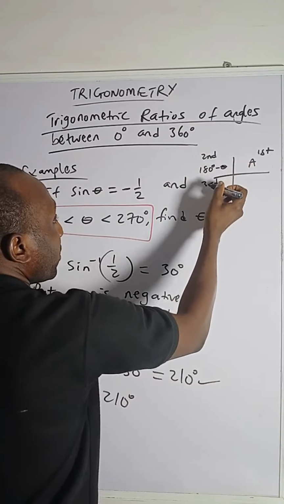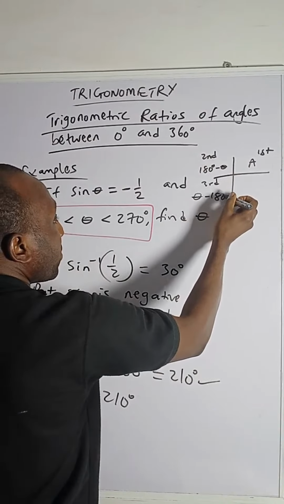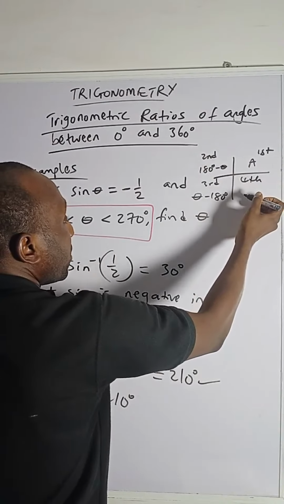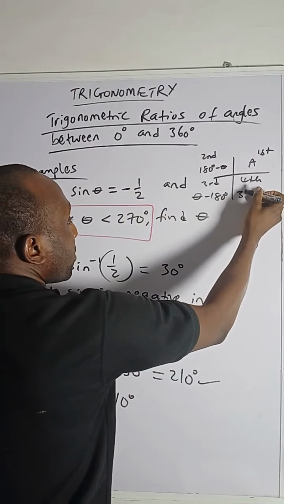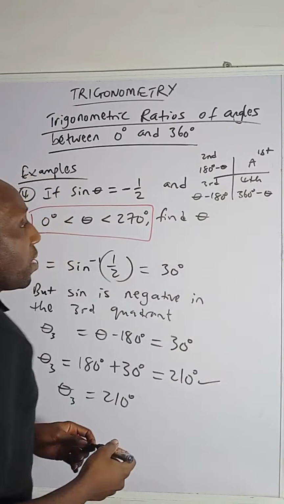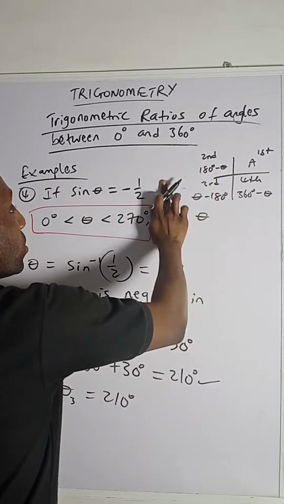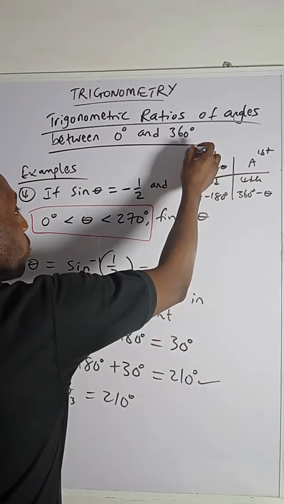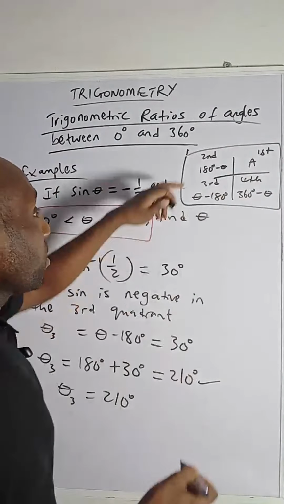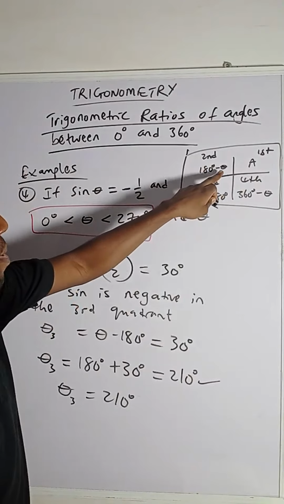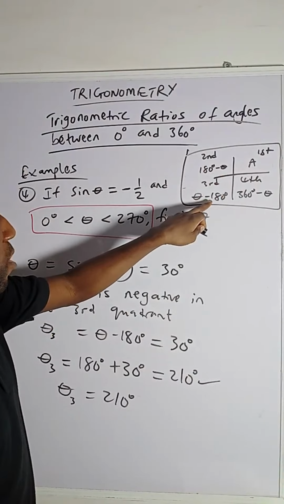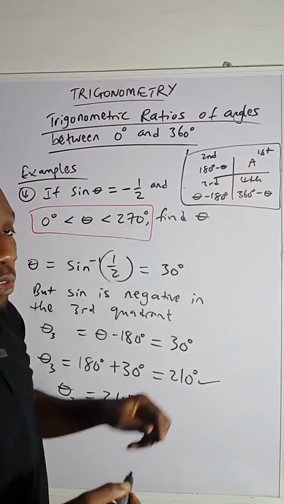For the third quadrant, it is theta minus 180 degrees. For the fourth quadrant, it is 360 degrees minus theta.